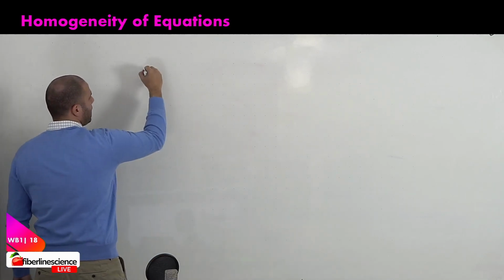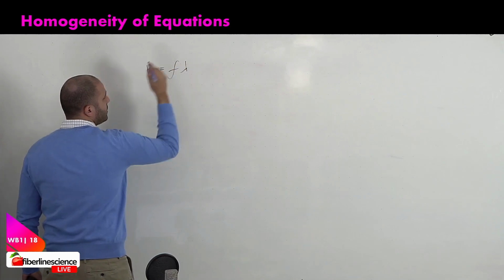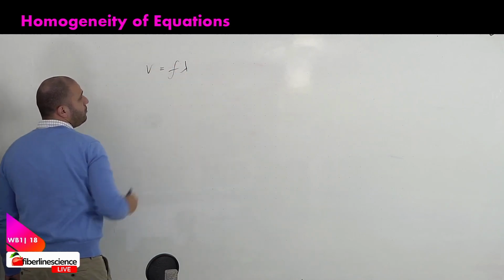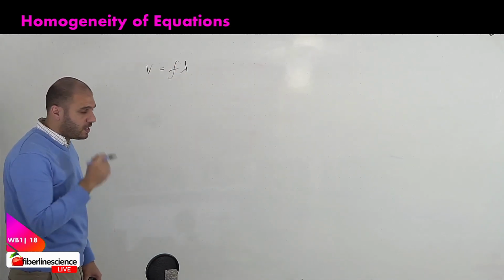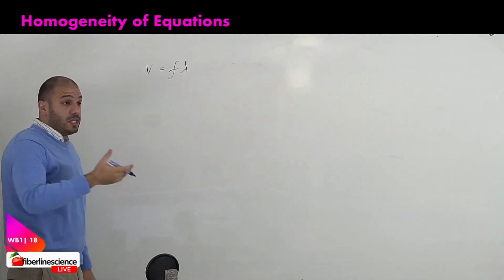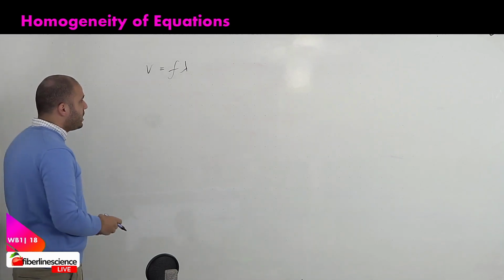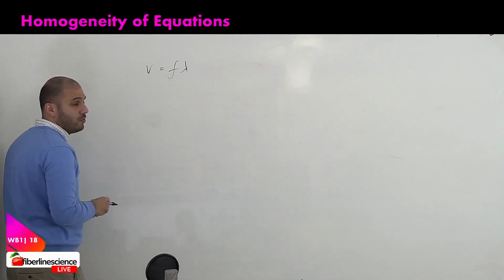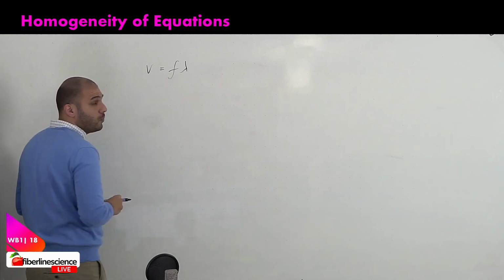So I'm trying not to complicate things too much, very early on. So v equals f lambda. It's something generally covered in previous levels of physics. It defines the velocity of a wave of a particular frequency and wavelength.